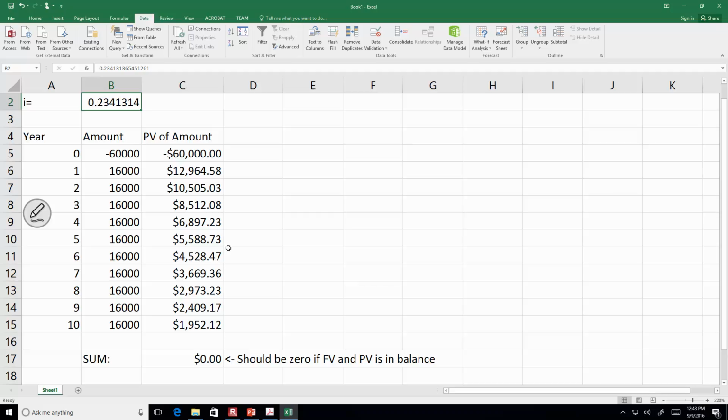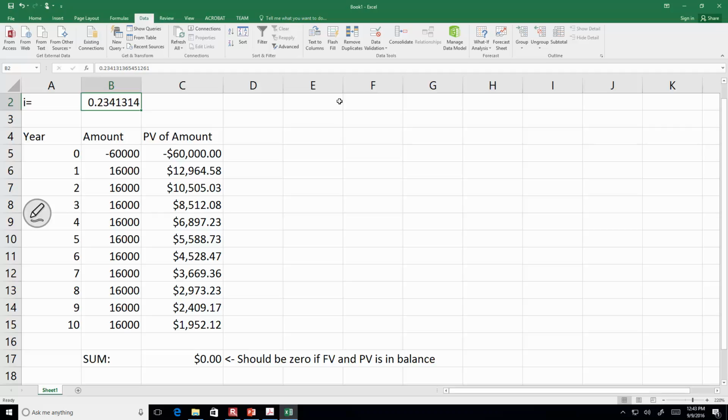So that's one way of finding the rate. The question on the handout that I gave you is, what rate of return did the contractor realize on the investment? So the rate of return is 23.4%. You get 23.4% if you make a deposit of $60,000 and then you can make 10 withdrawals of $16,000.